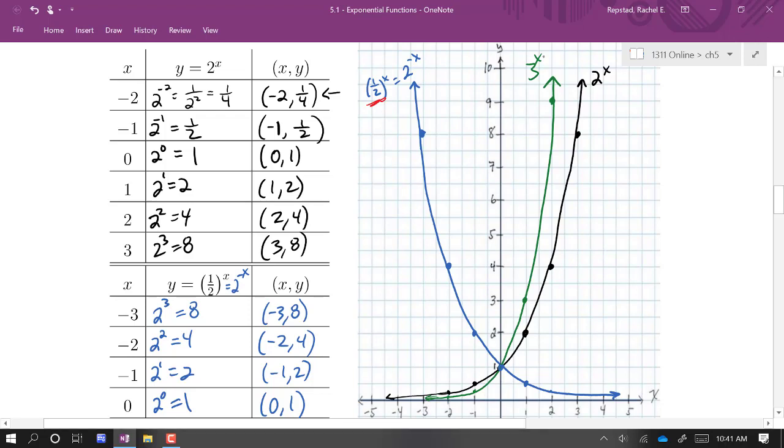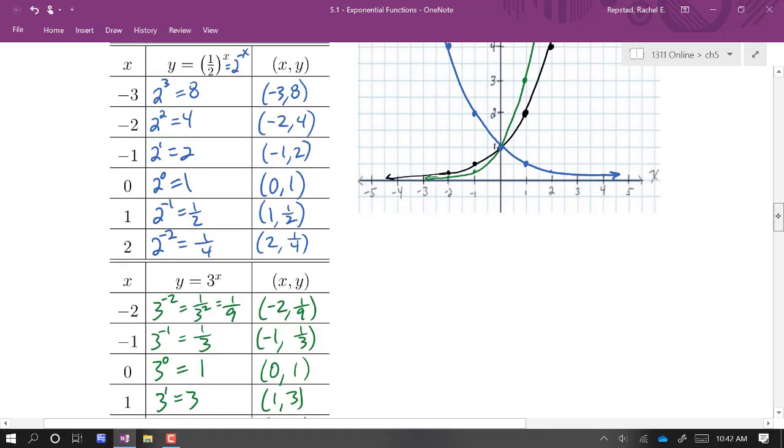Now, it grows faster than 2 to the x, or appears to. When x is bigger than 0, for the positive values, that green graph is always above the black graph. So it seems to be growing faster. But on the negative side, it gets smaller faster too. For the negative values of x, the green graph is always below the black graph.